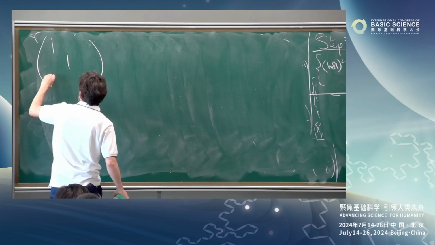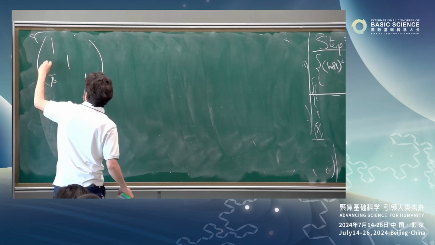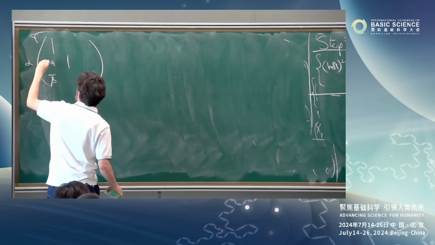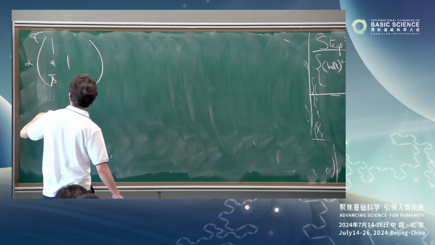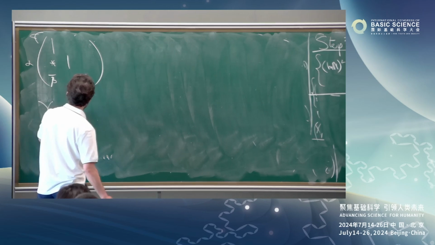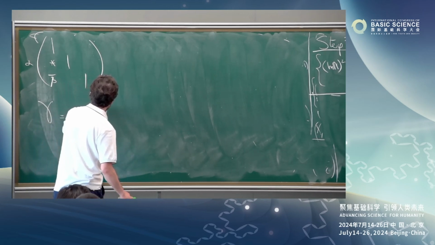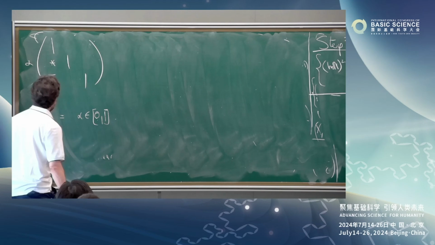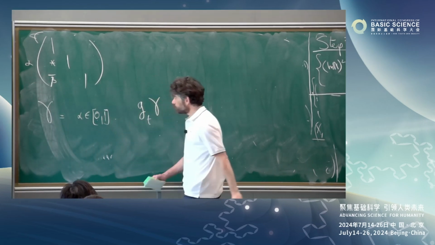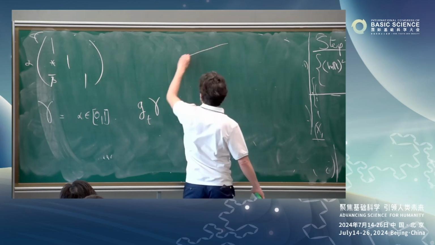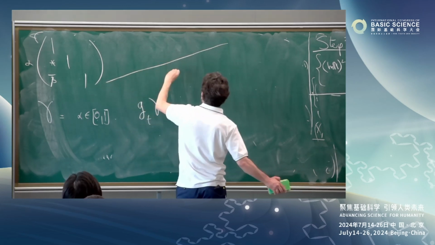You fix beta, it doesn't matter, beta bar. And here you have your alpha that is moving. You take a segment of alpha, so gamma. Gamma is, say, alpha in 0, 1. And you apply GT to gamma. This becomes an arc of exponential length.